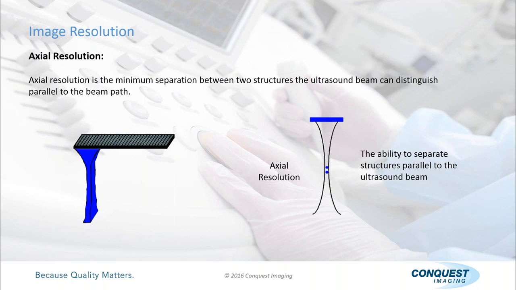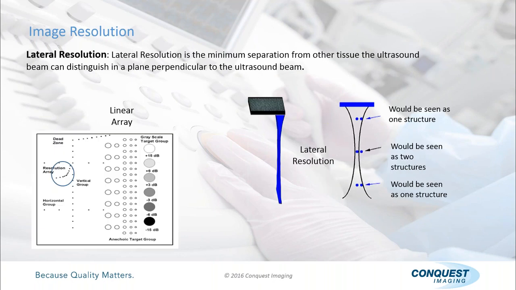If these two dots, for example, were in the near field or far field, they would no longer look like two objects. They would look like one larger oval object. So it's important to understand that when we're talking resolution, this is the ability to separate two small objects instead of having them blur into one. So that's axial resolution, again, parallel to the beam path.